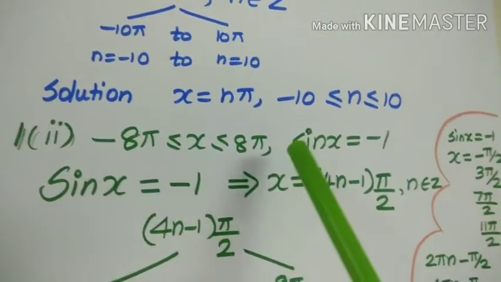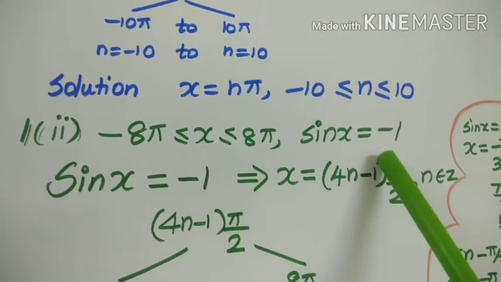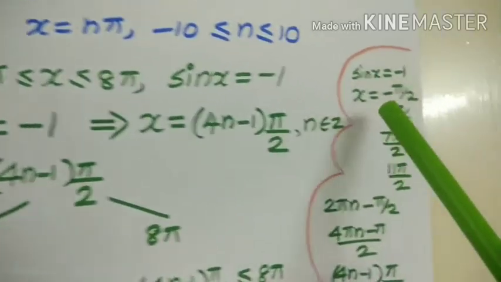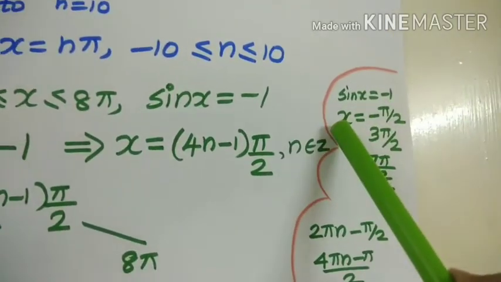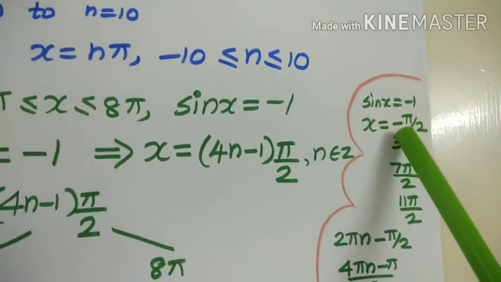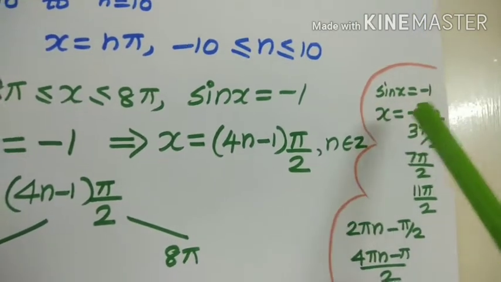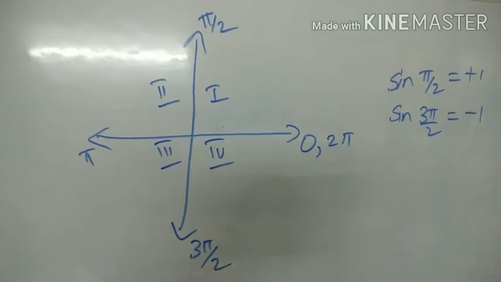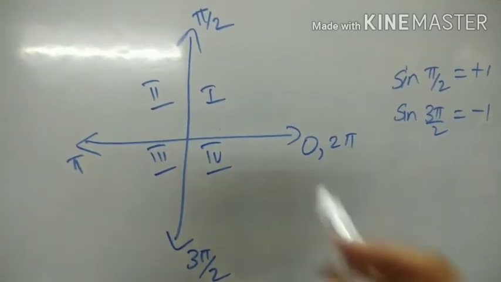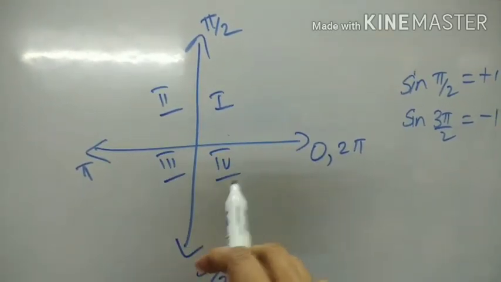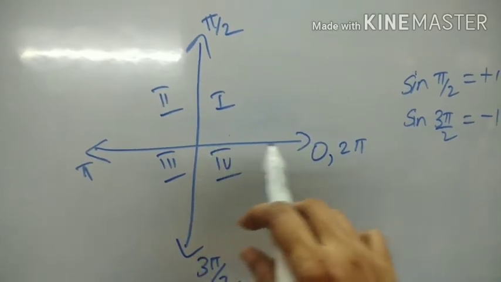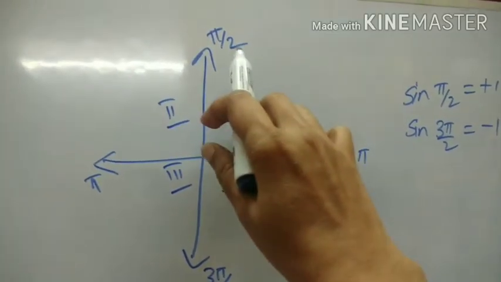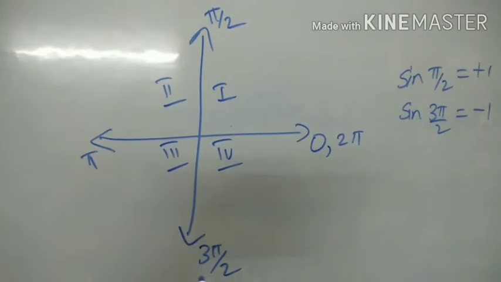Second question, sin x is equal to minus 1. If sin x is minus 1, I will say x value is minus pi by 2 or 3 pi by 2, 7 pi by 2. See, we have learned the 4 quadrants, 1, 2, 3, 4. The x-axis starts with 0, pi by 2, pi, 3 pi by 2.